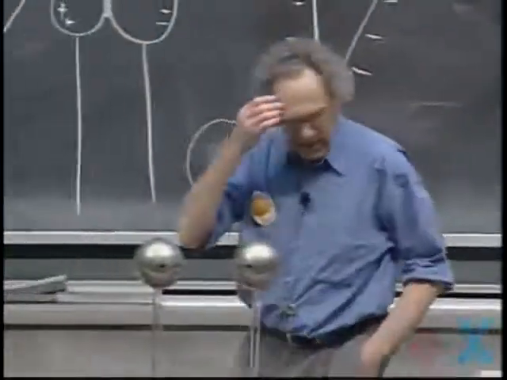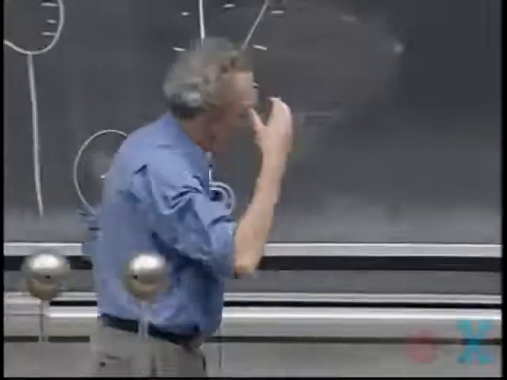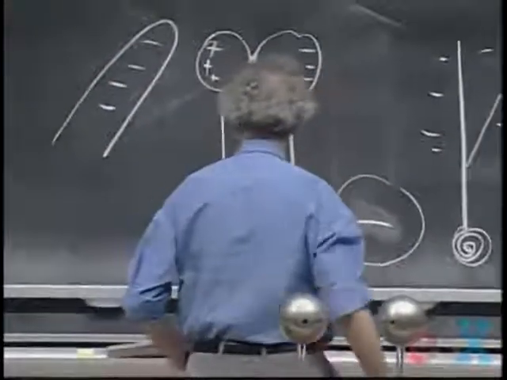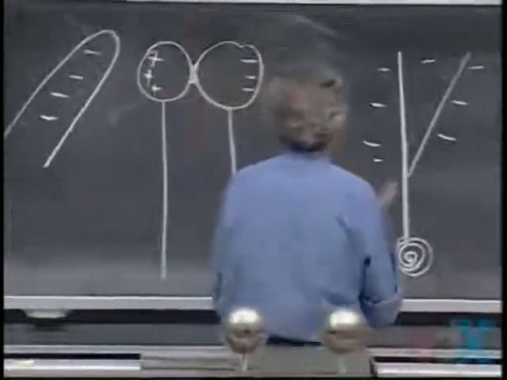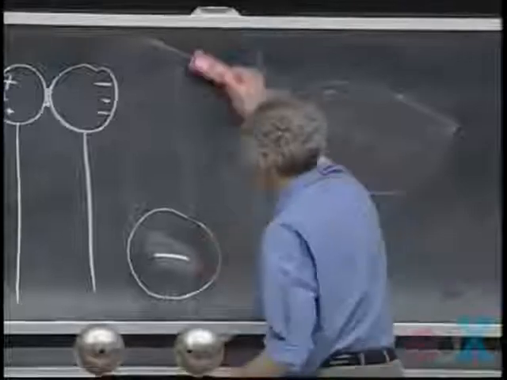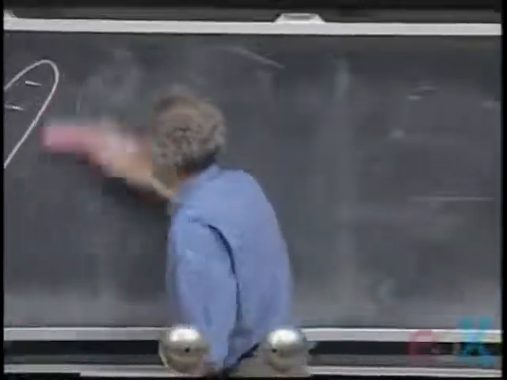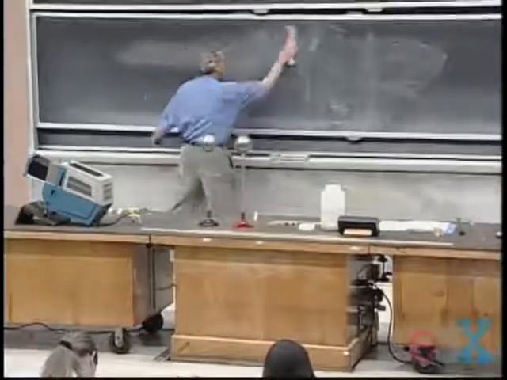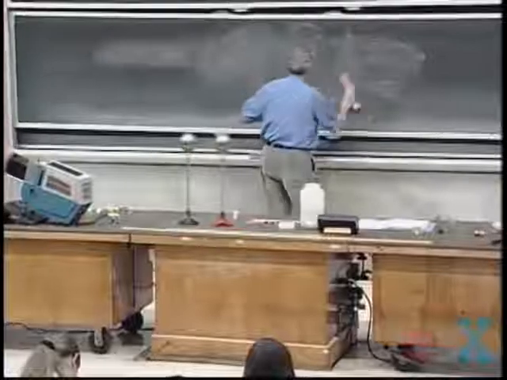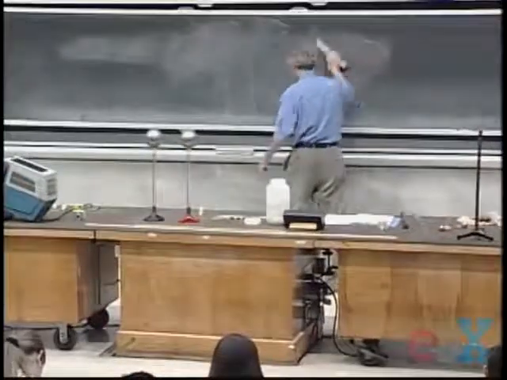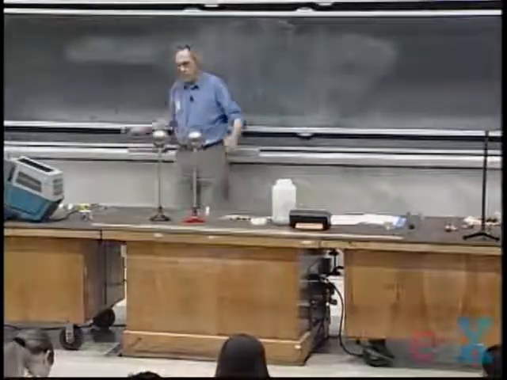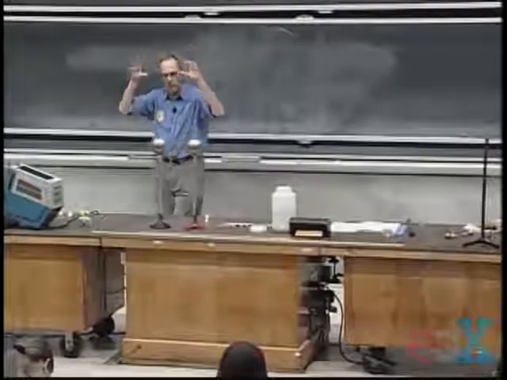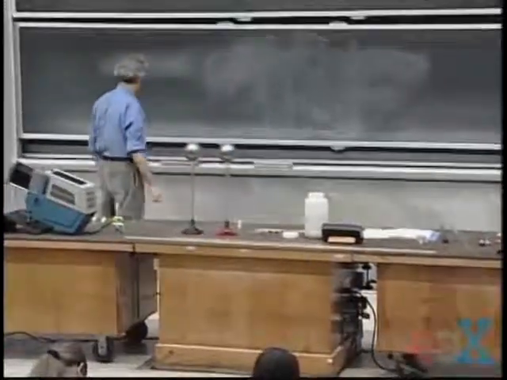If I create a dipole and I put that dipole in an electric field, the dipole will start to rotate. Let's first talk about why it rotates, and then I will try to demonstrate that by making a dipole, a big one, this big, right in front of you, almost as big as the one there.